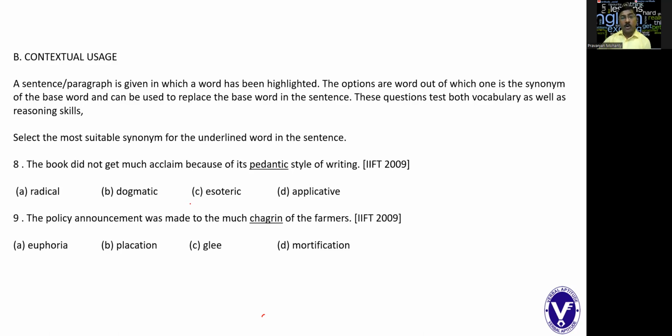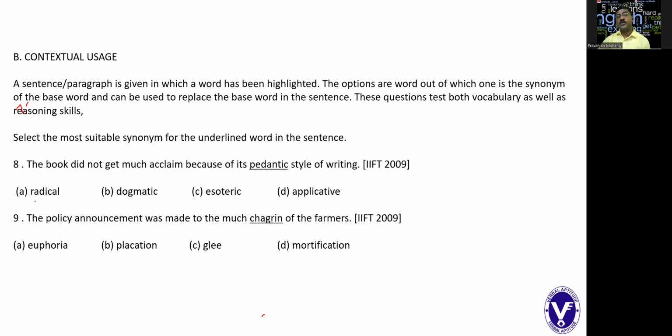So that's what it says. The book did not get much acclaim because of its pedantic style of writing. Now, here we will see the words that are written. The first word is radical. Radical is a word which means one who is extreme, who believes in the extremity of things.